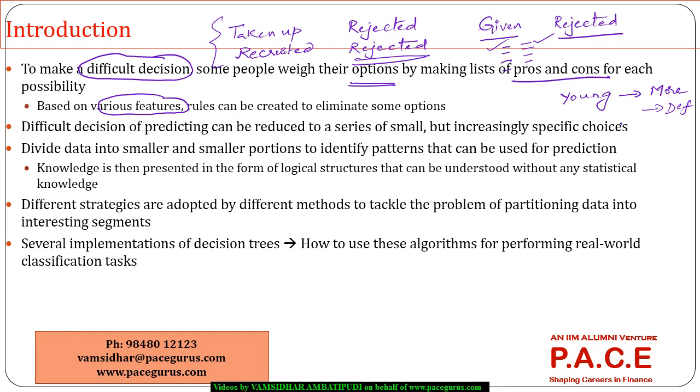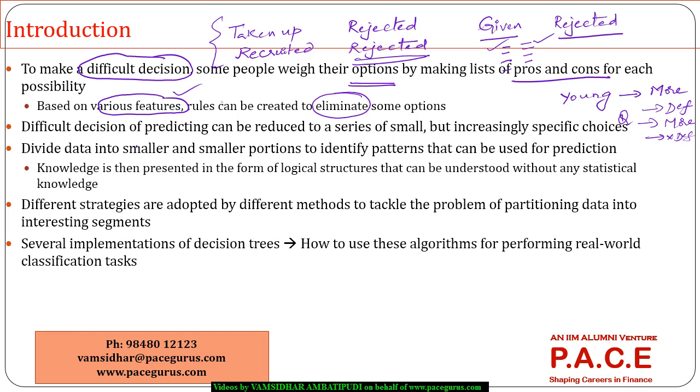Or he is a very highly qualified guy, so he must be earning more, so he will not default. So I am looking at different features which say he might default or he might not default. Based on that, I am eliminating some of the options and shortlisting some of the options.